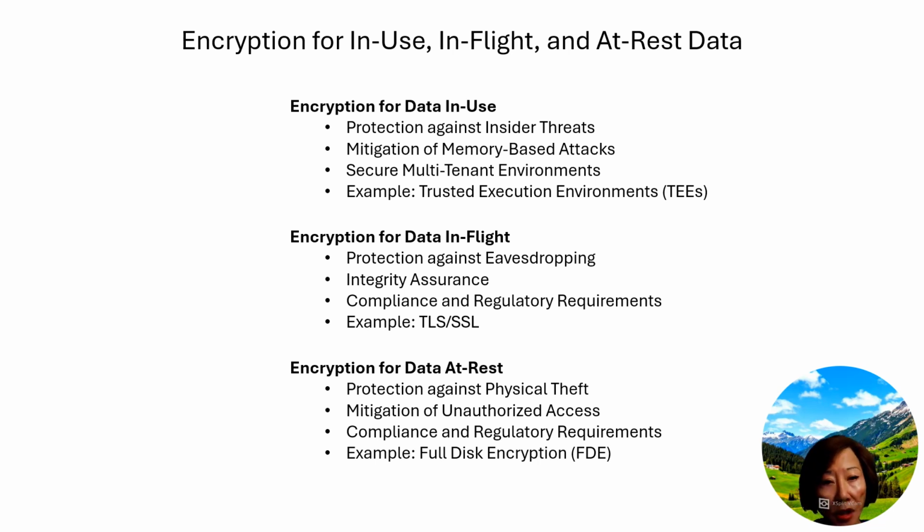Why is this important? It is very important to encrypt data to protect against insider threats in particular. Encryption helps prevent unauthorized access by insiders who might have legitimate access to the systems but should not access certain data.